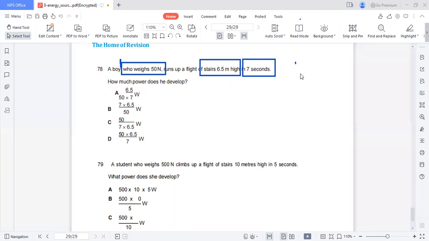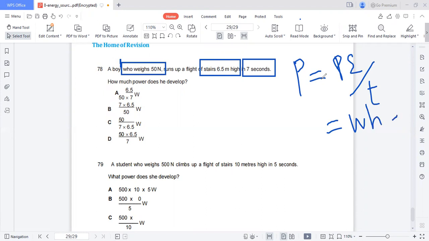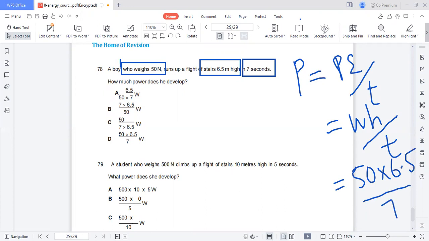We know that it's a potential energy case. So power is potential energy over time, which is weight into height over time. So weight is 50 newtons, height is 6.5, and time is 7. Yes, this option is quite similar to our results. So we can mark it like this.